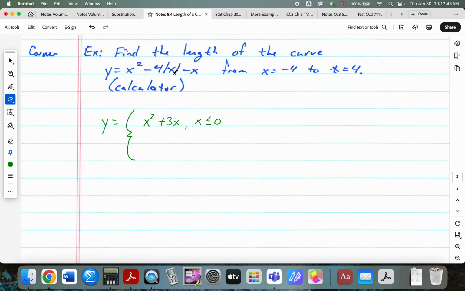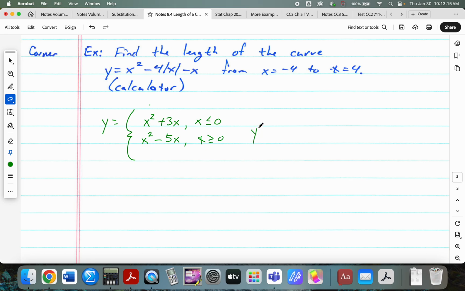And then if x is positive, I just drop the absolute value. So it's going to be x squared minus 5x for x greater than or equal to 0. And again, that's a smooth curve. So I'll just do this as 2 parts.